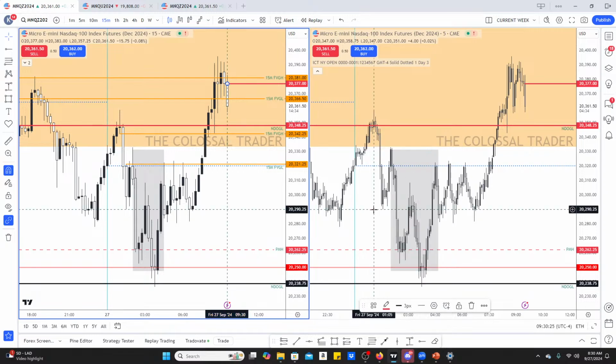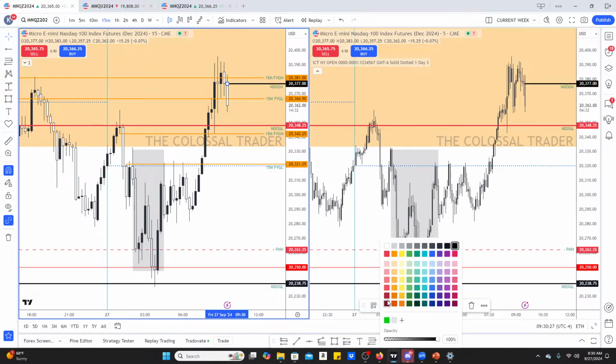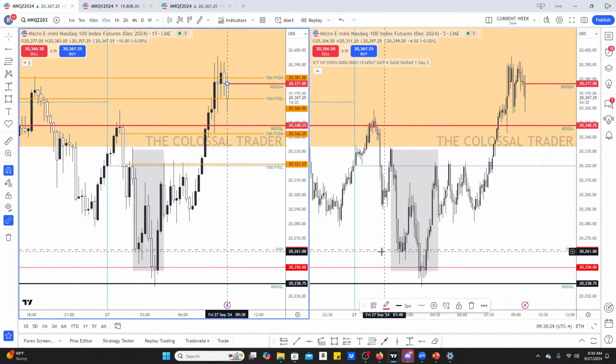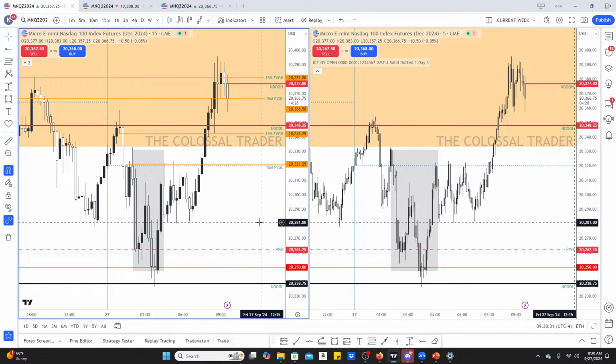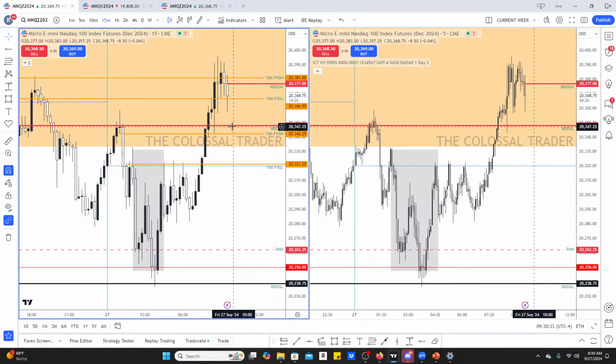So that's our opening price. So we have a gap, right, between the red lines. Opening gap below, high. Okay.